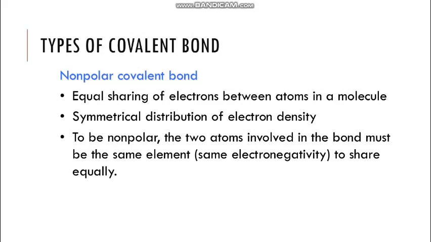And the non-polar covalent bond exists only if the two atoms are the same element or they have the same electronegativity. Okay? And also, sa non-polar covalent bond, dapat ang difference nila in electronegativity would be below 0.5.